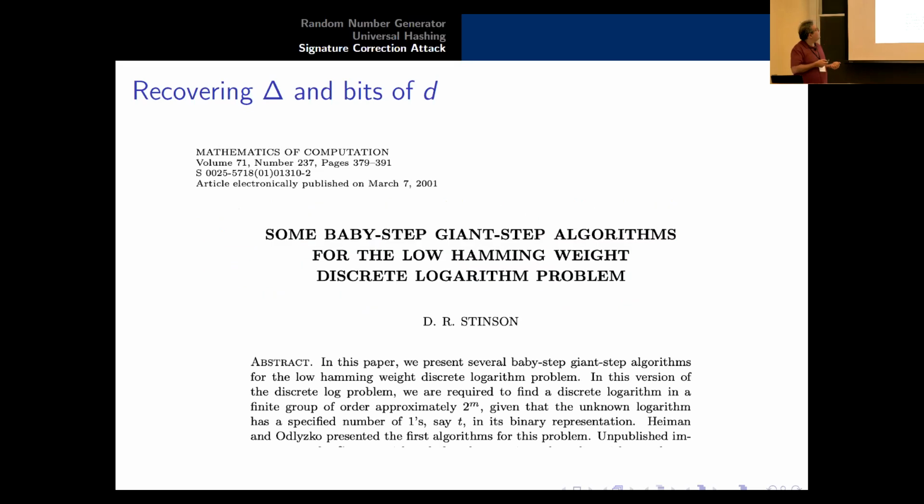And if you hit the right words, this is what you end up with. So again, Doug. This is all the way back in 2001. I came across a nice paper by Doug where he's looking at the baby step, giant step algorithm. He's building on earlier results by Odlyzko and Coppersmith and analyzing the situation a little bit more carefully, where he is looking at low weight keys in ECDSA.